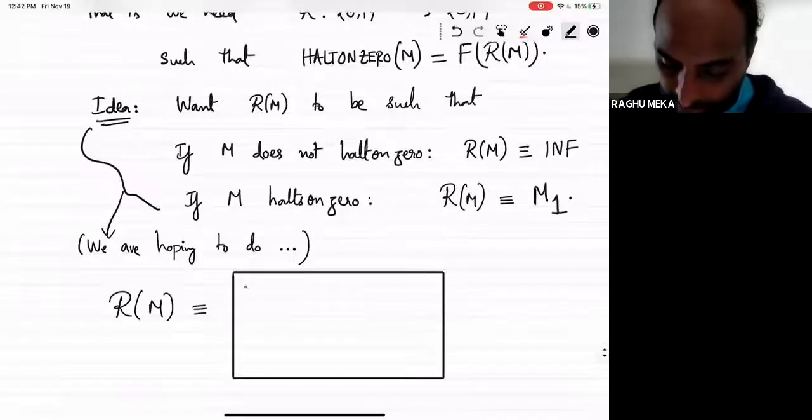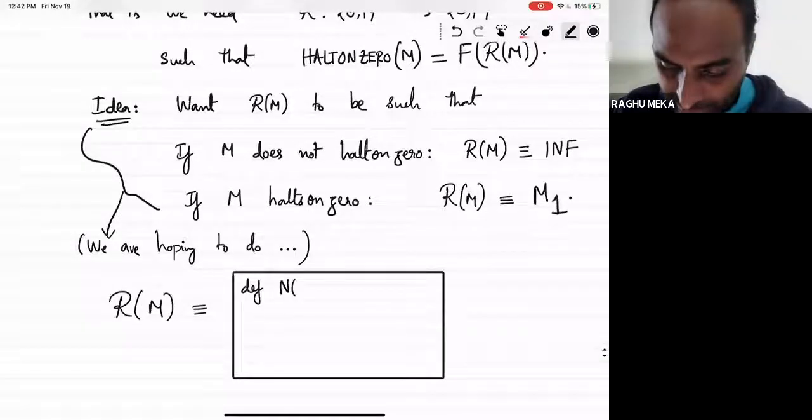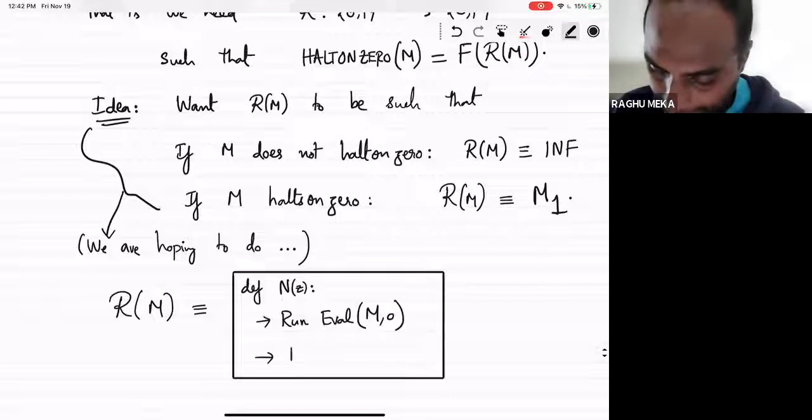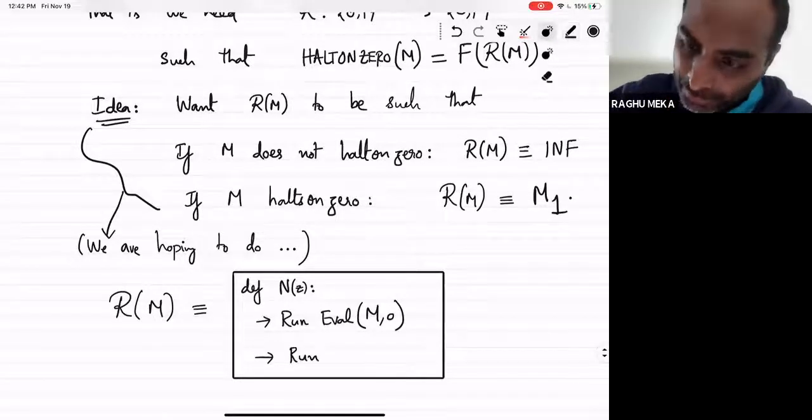Right, so it's def n of some input z, and what it does is run... okay, actually let me use x here.